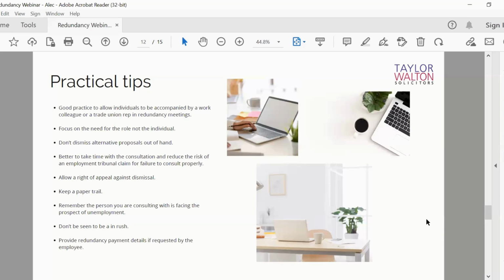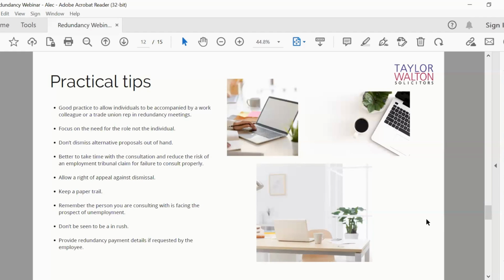As I mentioned earlier, don't be seen to be in a rush to get it over with. I have seen examples where an employee was called to a meeting and told, "Look, we're thinking of making you redundant. Have you anything to say?" No, and fine, and go ahead and dismiss.